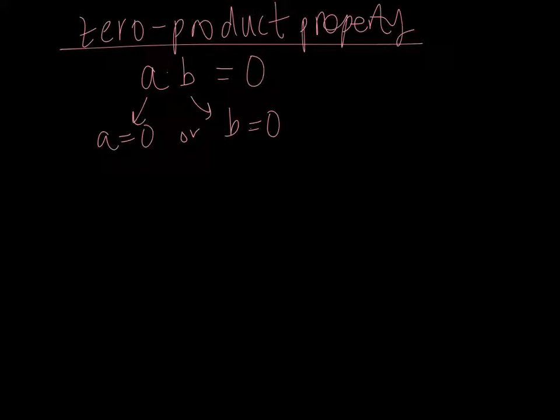That makes sense, right? If you're multiplying two numbers and the product is 0, then for sure, either one of the numbers or both are 0. Throughout, this is going to help us solve, and you'll see quickly how this can be translated to factoring. Think of these as two factors. Either one of them is equal to 0 or the other. So let us begin.